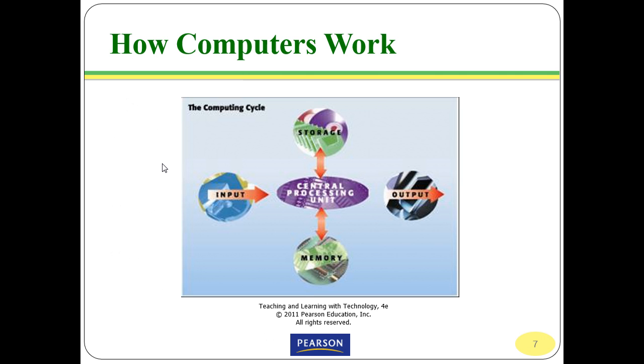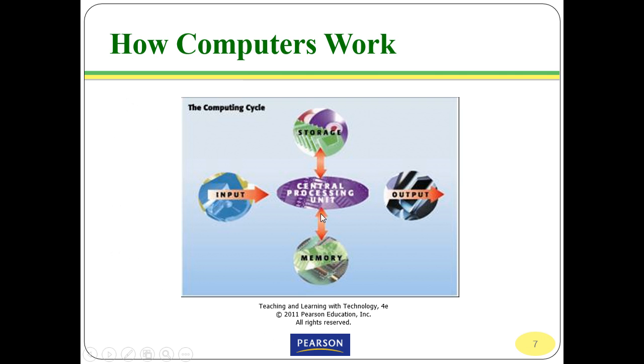And here's a good graphic of the computing cycle. You can see the mouse there. Here's where the input comes in. The CPU processes it, sends it to storage or to memory.